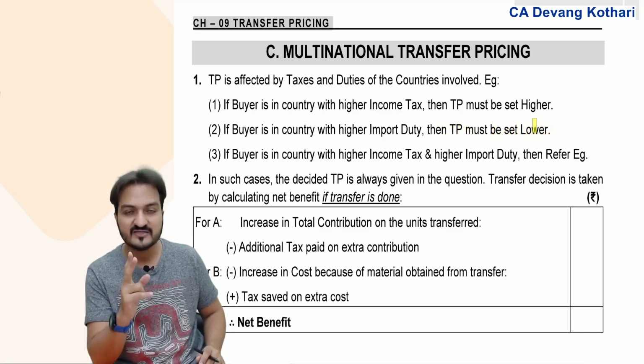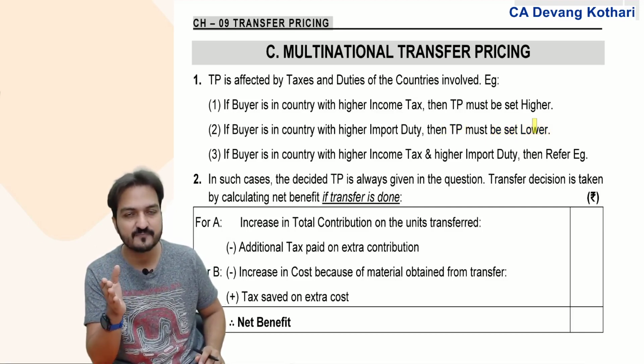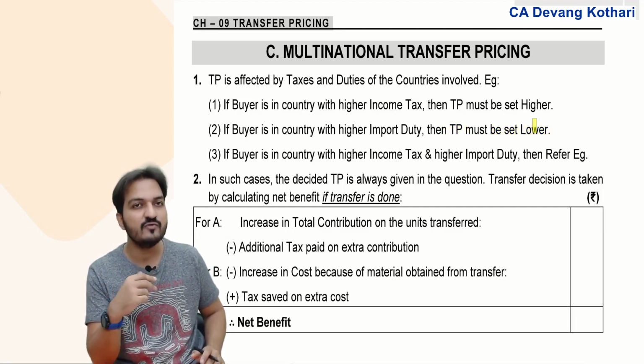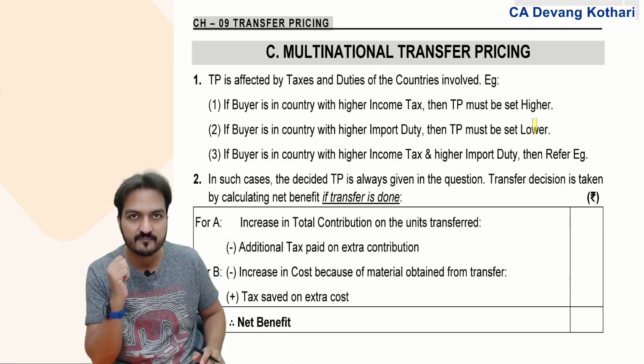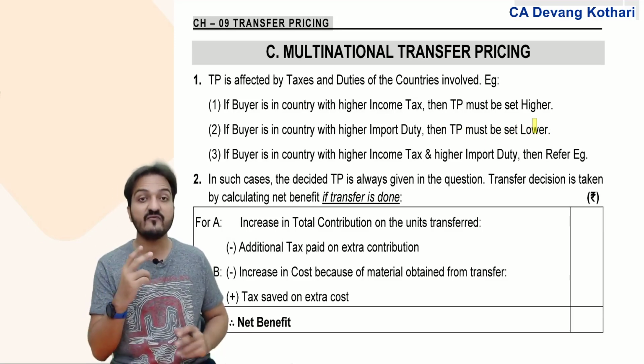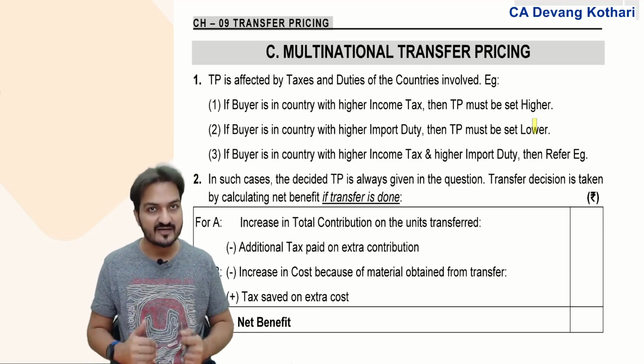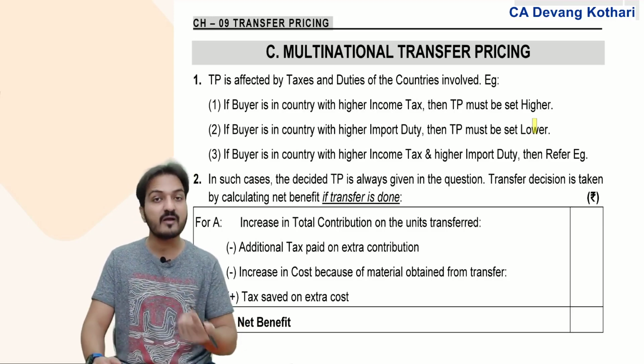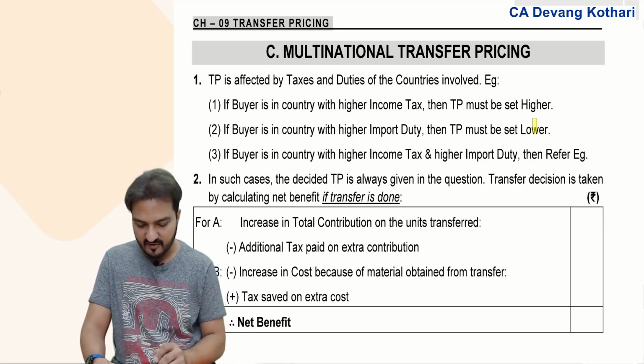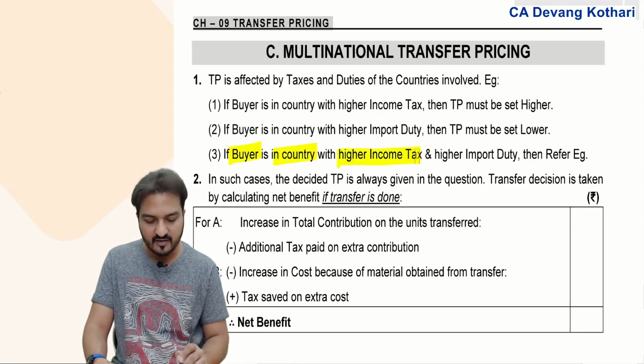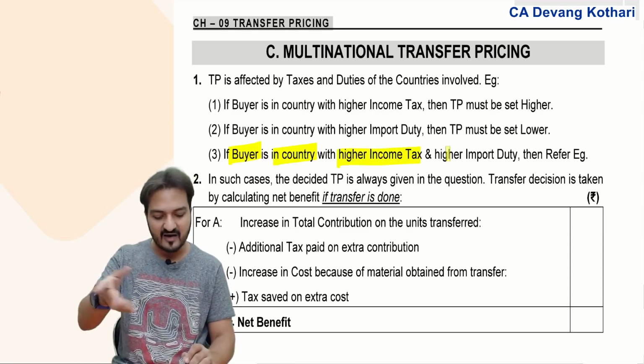But practically, while solving questions, you will never apply these rules directly, because in the practical questions you might be given both together. You might have the buyer in a country which has higher income tax and also higher import duty.